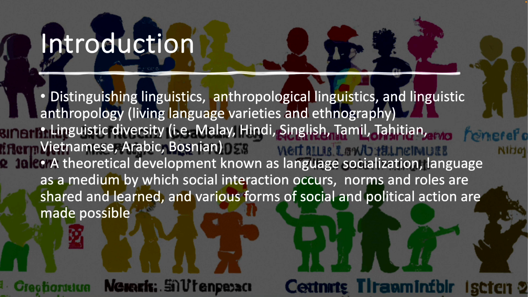Just looking through the last year's issues, you have a focus on Malay and Malaysian society, Hindi and Indian society, Singlish among the South Asian diaspora, Tamil language for South Asia and Sri Lanka, Tahitian language from the Pacific, Vietnamese and Southeast Asia, Arabic from the Middle East, and Bosnian of Eastern Europe. Just a sample of the different languages and the kind of population and society level study.